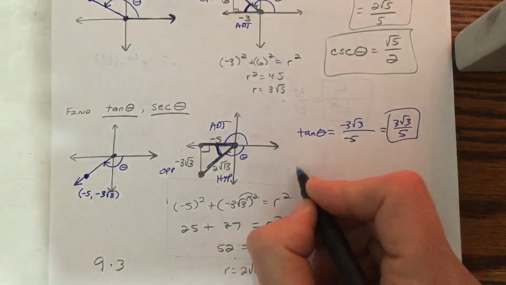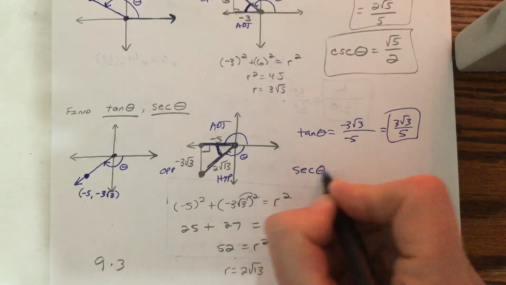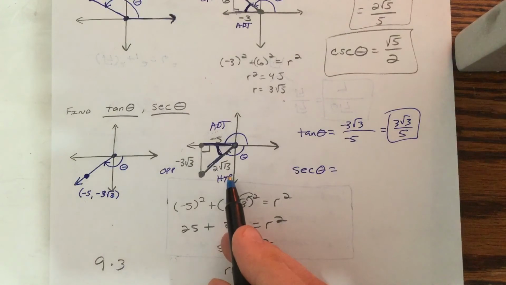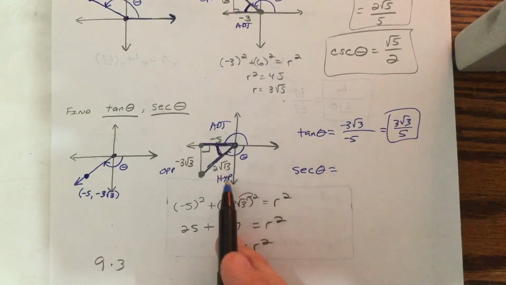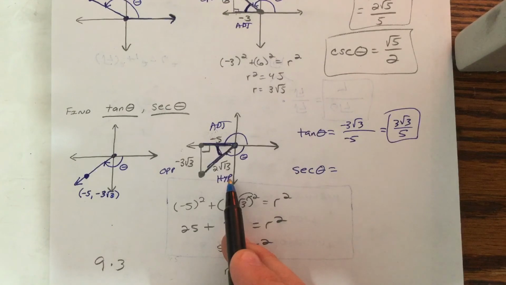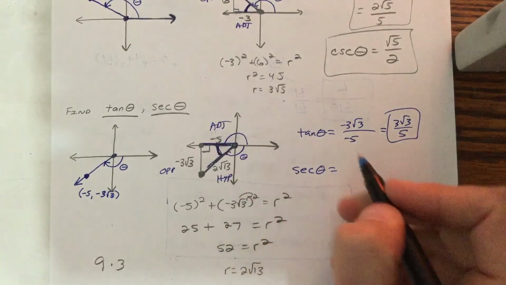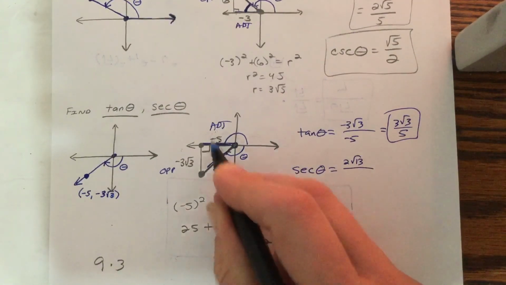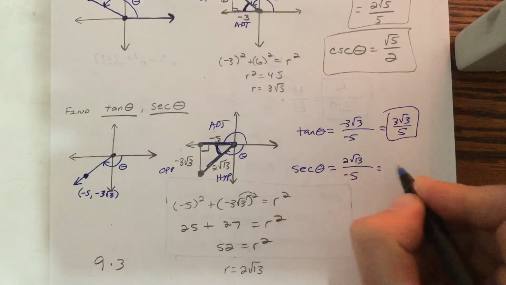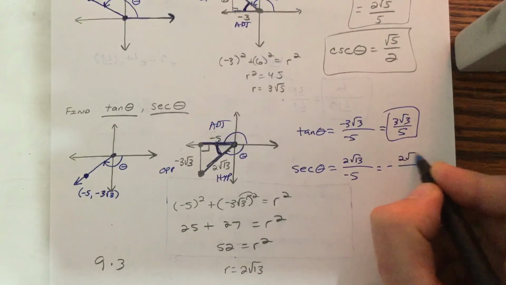The secant of theta, we know, is the reciprocal of cosine, so cosine is the adjacent over the hypotenuse. In this case, for the secant, we can go directly to hypotenuse over adjacent. So that would be 2√13 over the adjacent -5, and usually we'll just throw the negative out in front.